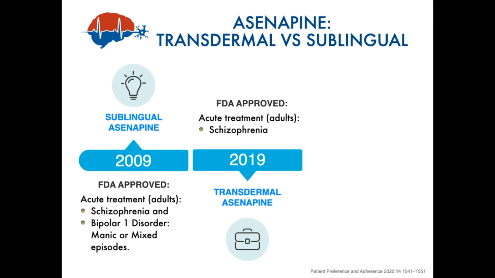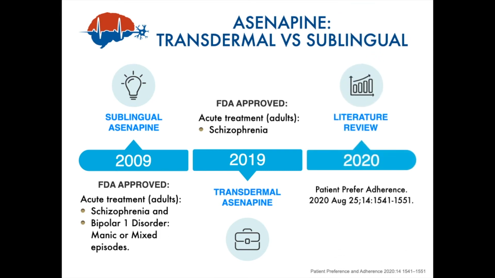It was not tested in the bipolar disorder subgroup though, so be mindful of that. And most recently, in 2020, a literature review was published on this topic, a systematic review assessing transdermal Asenapine in schizophrenia. This is the reference here, and I will be using this reference in my discussion moving forward.